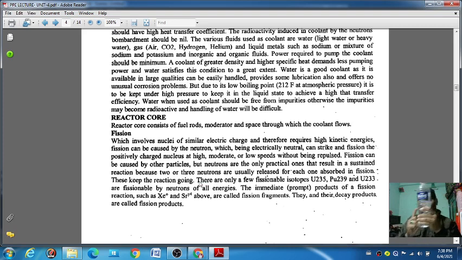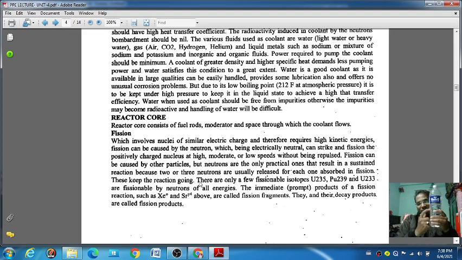Maybe you are seeing this circular curved path. This is the reactor's curved path, because the reactor looks like a cylinder, not a square or rectangular type. Remember, the reactor is cylinder-shaped, so the curved surface will be there.